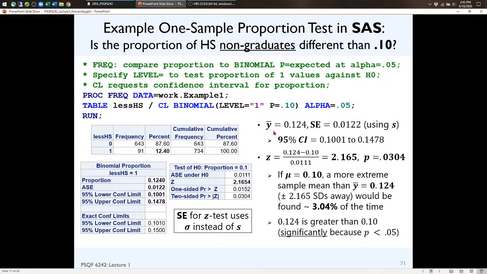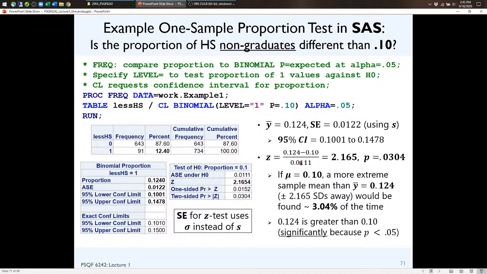But here are the results if I were to phrase them. So the mean of the variable, the proportion, is 0.124, and there's the standard error that's using this mean as a way to get the standard deviation with which to compute this standard error. That results in a 95% confidence interval using a z of 1.96, given this two-tailed alpha of 0.05.